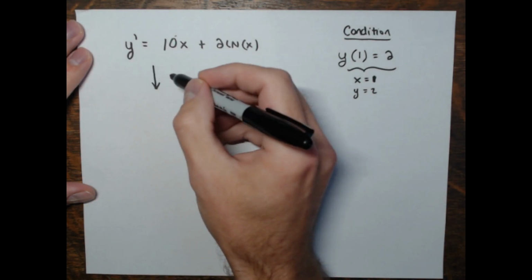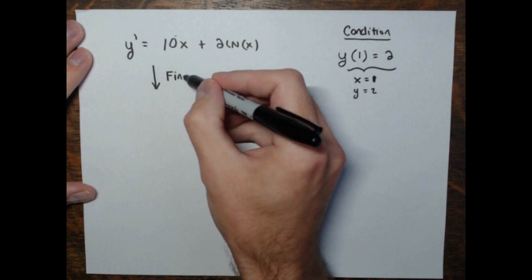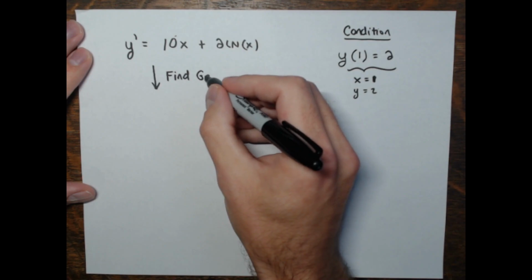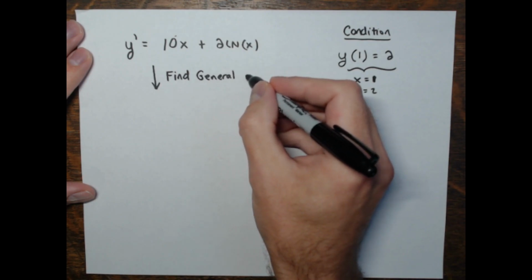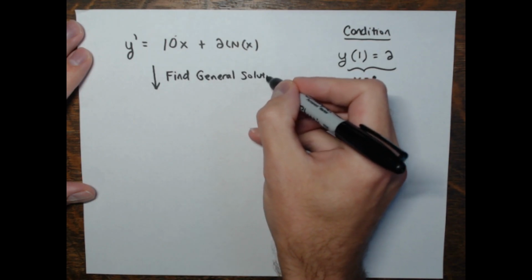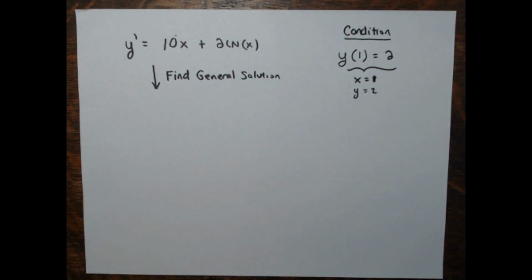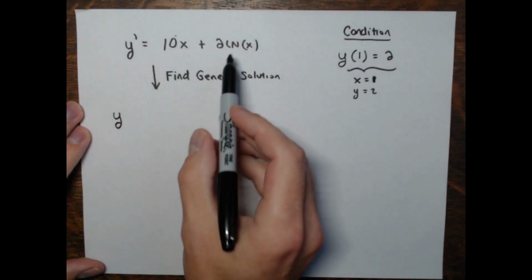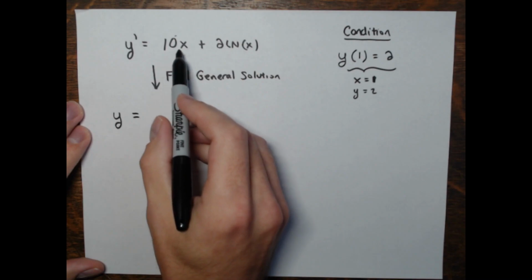So first I'm going to find the general solution, the plus c, right? First I'm going to find the general solution to this equation by integrating. And we did this earlier in the video with several examples. So if that's y prime, then I just integrate with respect to x, right?